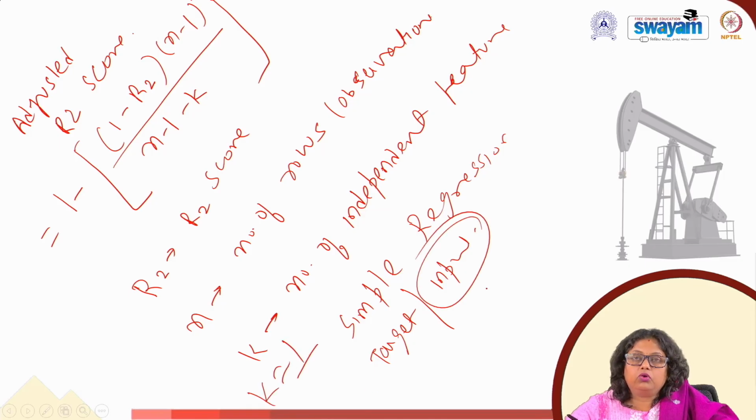When you go for 2 independent variables, when you have 3 columns, k accordingly changes. So this is about the adjusted R2 score.